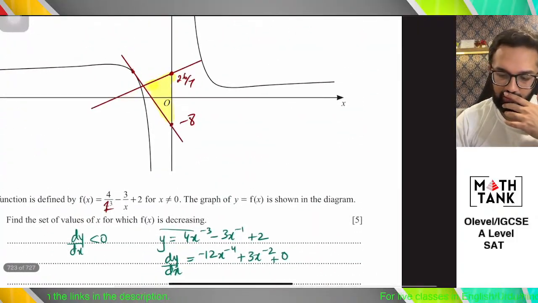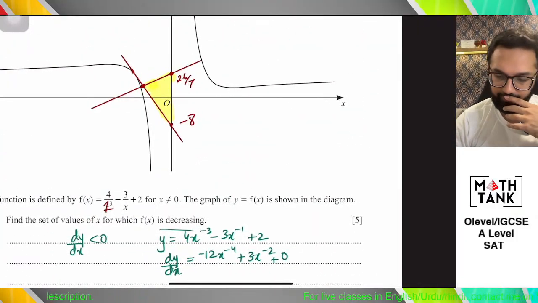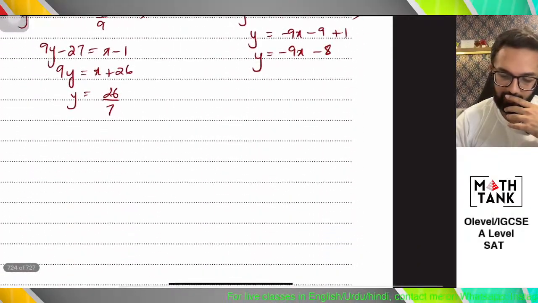Okay, and the intersection point of these. How do I find the intersection point?